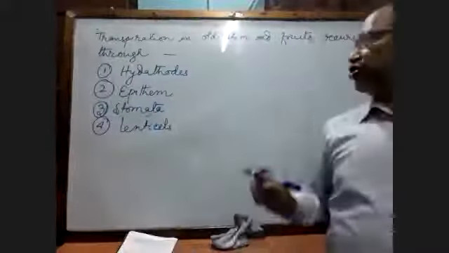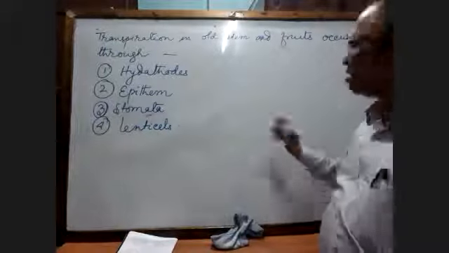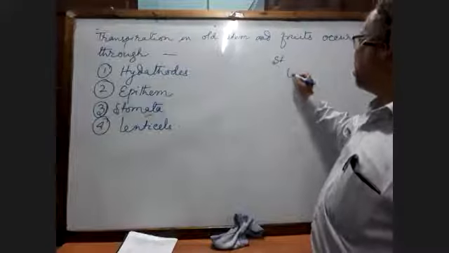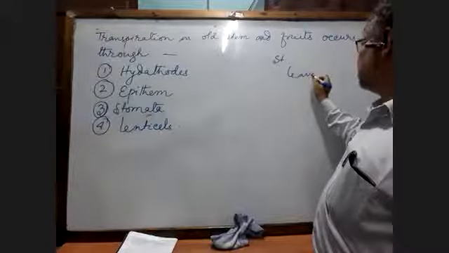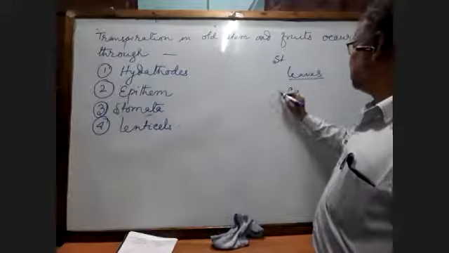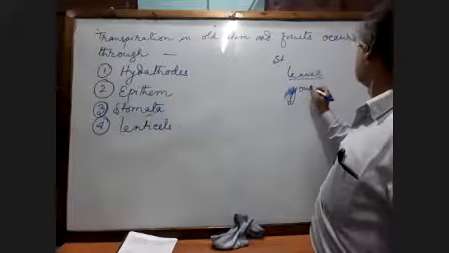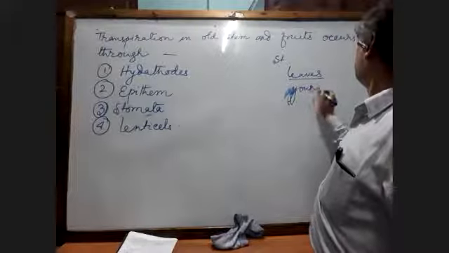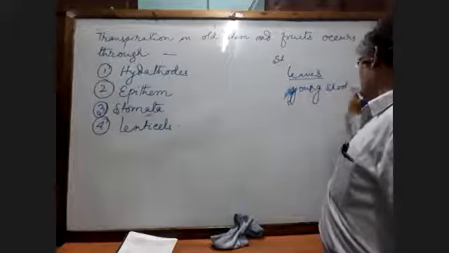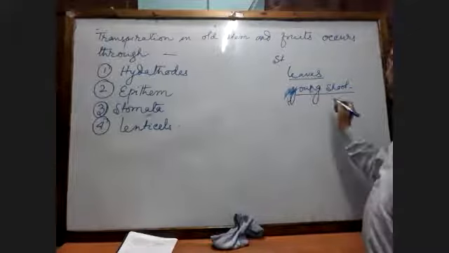Usually the stomata are found in the younger part of the plant. The stomata are mainly located on the leaves and young shoots, that is young stem and branches.